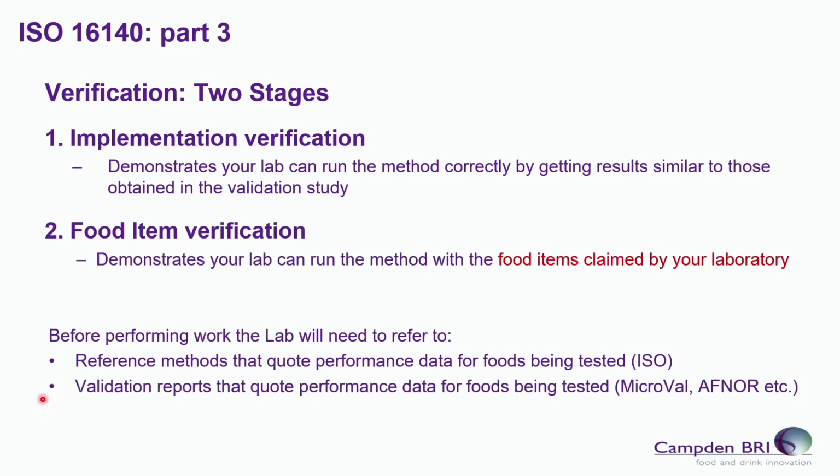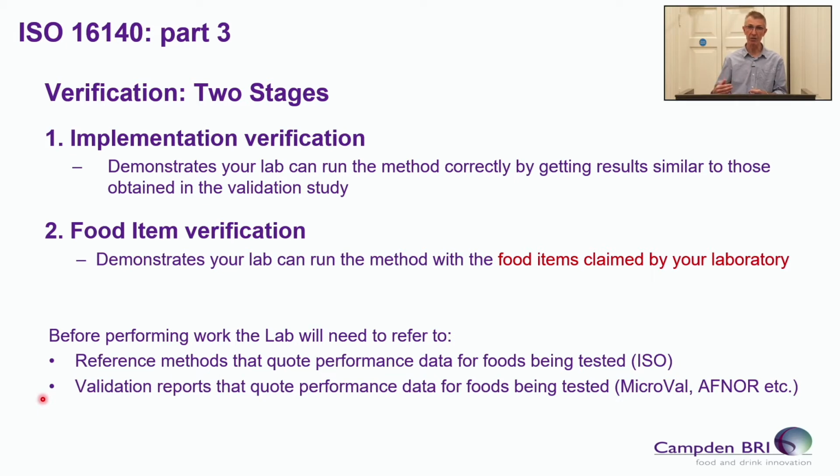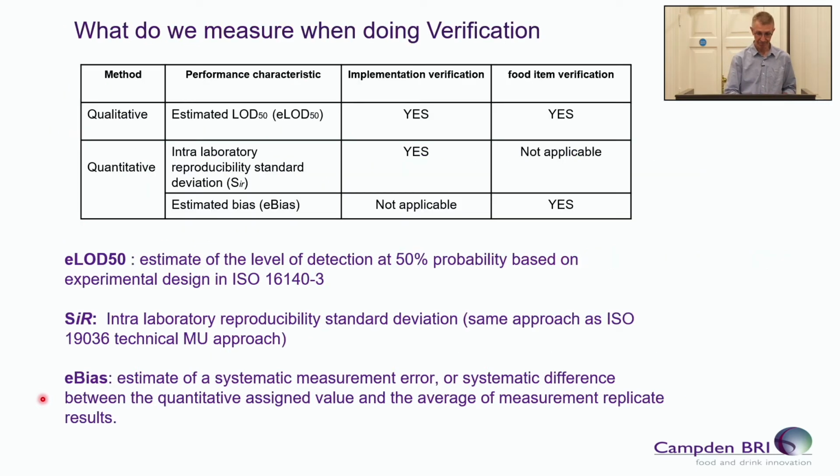You'll be looking at those validation reports, and they will quote the performance data for the foods that they've tested, and that's what you'll be using as your comparator against the results that you get in food implementation verification. So that's where to start from, and it's key that you have that information on performance data from the comparator method before you start doing the verification.